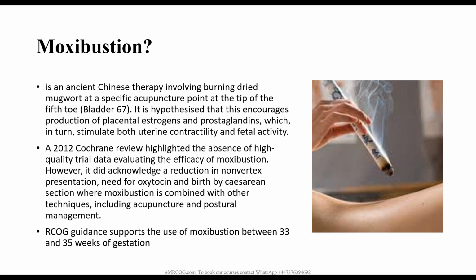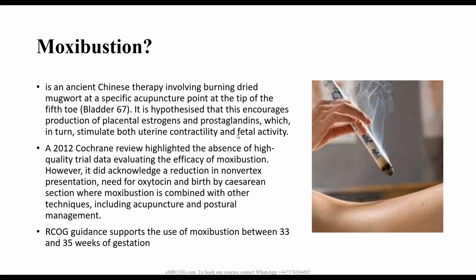The Cochrane review highlighted the absence of high-quality trial data evaluating the efficacy of moxibustion. However, there is knowledge of a reduction in non-vertex presentation, and in the need for oxytocin and birth by cesarean section, when women used this mugwort smoke, which is called moxibustion.